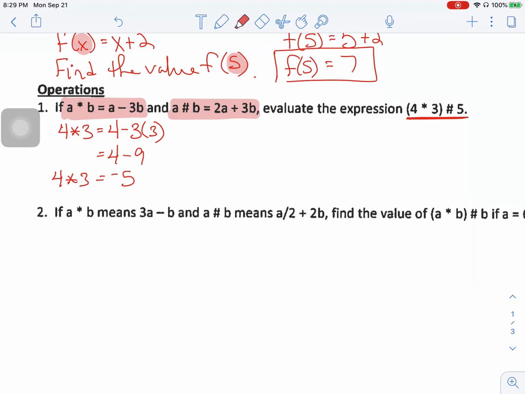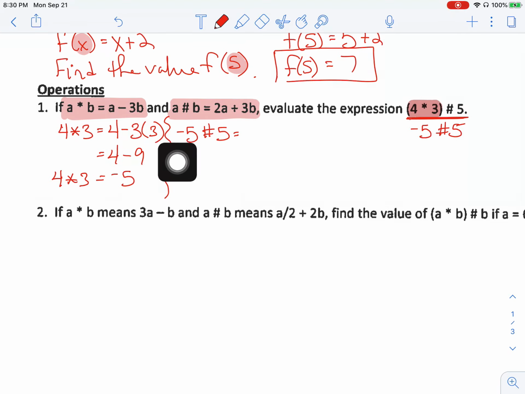So over in my expression, the 4 asterisk 3, I can now replace with negative 5. So I have negative 5 hashtag 5. Now I'm going to use the hashtag function. Again, this is not something to memorize, right? The hashtag function is something we just made up. So don't feel like I have to know that it's 2a plus 3b. No, it's going to depend on the problem. But what you do need to pay attention to is which order your numbers are in.